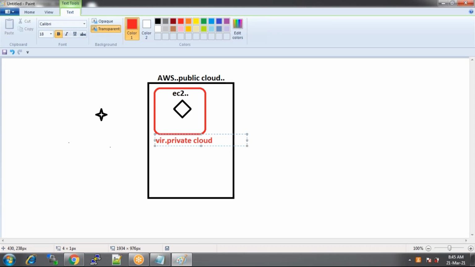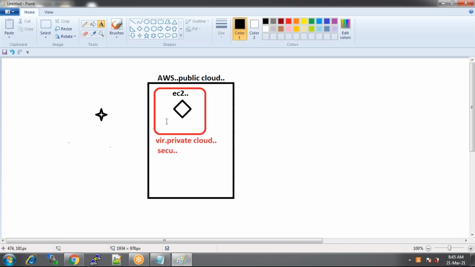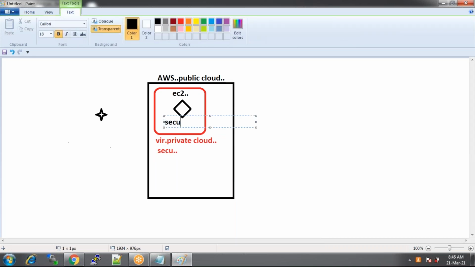Once I create this virtual private cloud, VPC, at the VPC level, I can provide security. That means at network level, I can provide security, and at the same time I can provide security at instance level. So now we have two layers of security: the network layer, which is the private cloud security layer, and instance level security.